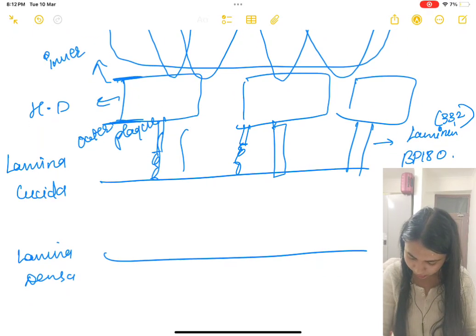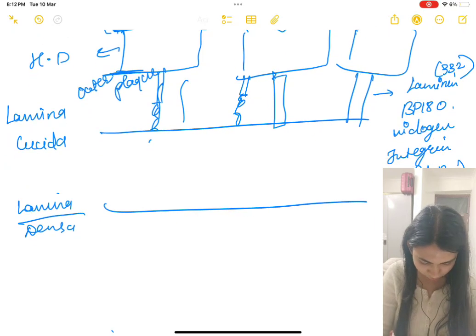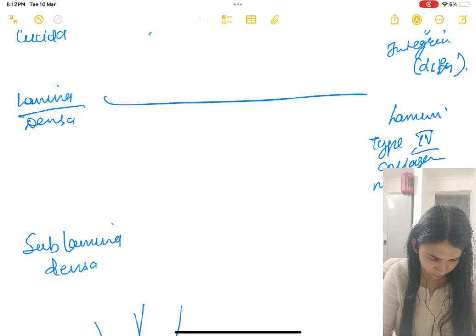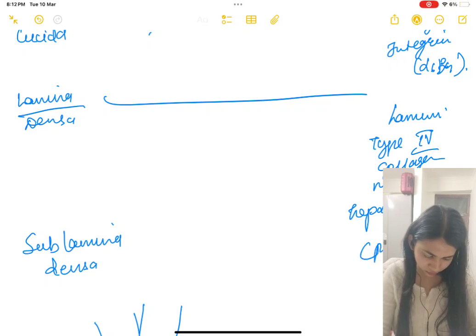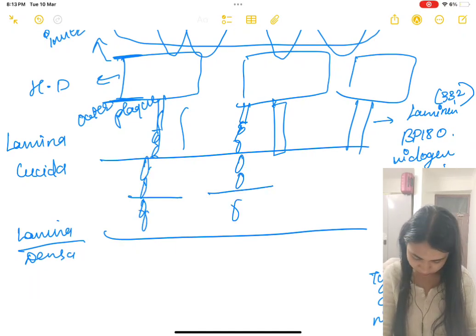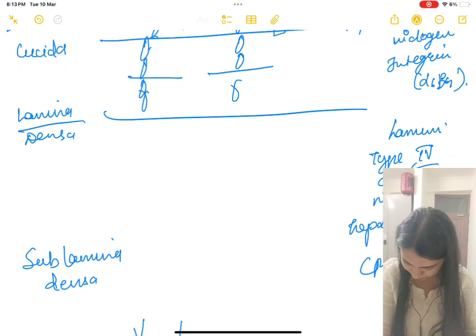Now lamina densa. Lamina densa is again, as the name suggests, lamina, so it will also contain laminin. Now you have your type 4 collagen, nidogen and your heparan sulfate. Now the prototype of heparan sulfate is perlecan. So lamina lucida, it's like this, and lamina densa.